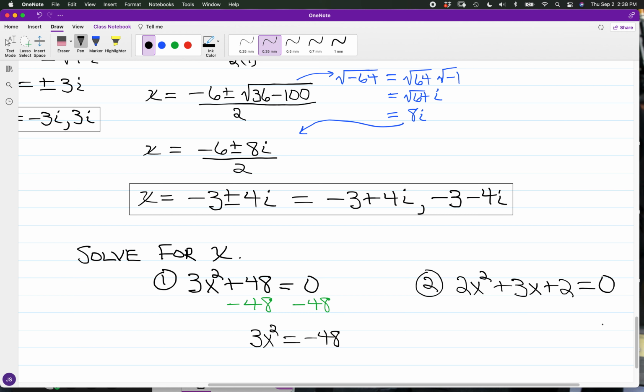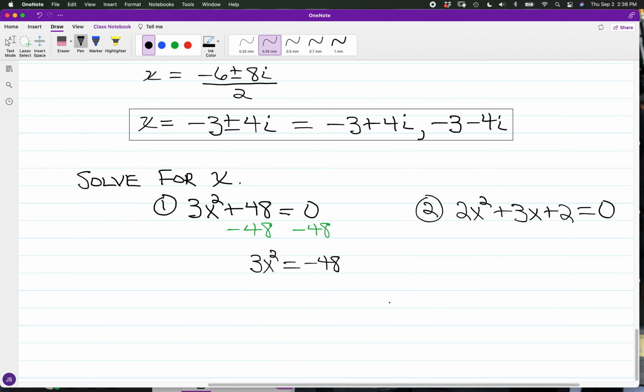In other words, I can divide and then isolate, or I can isolate and then divide. Regardless of whichever pathway you choose, you're still going to come out to x squared is equal to negative 16.